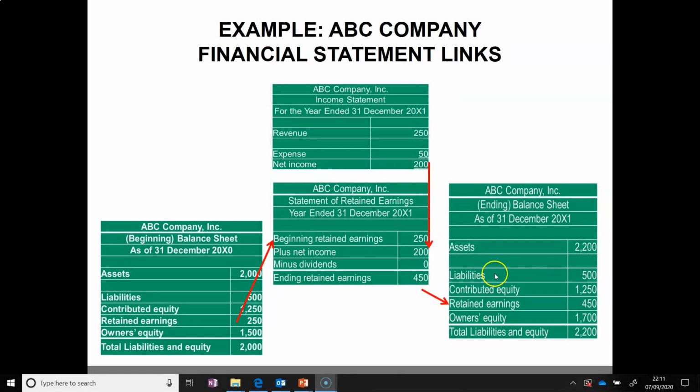On the liabilities and equity side, we see liabilities are the same, contributed capital is also the same, retained earnings we see are 450, which is the closing balance from retained earnings for 2011, and the owner's equity has increased to 1700, which is a 200 increase from last year.